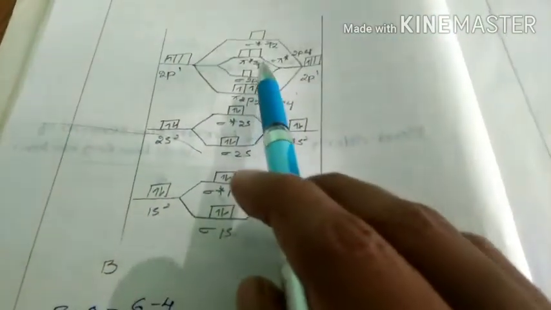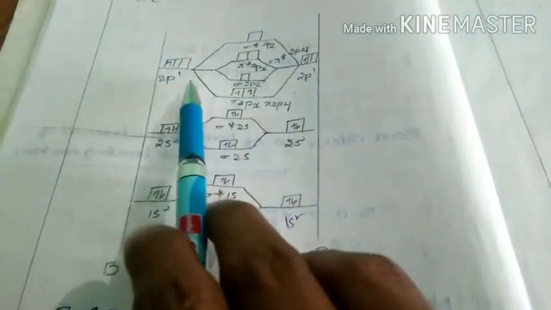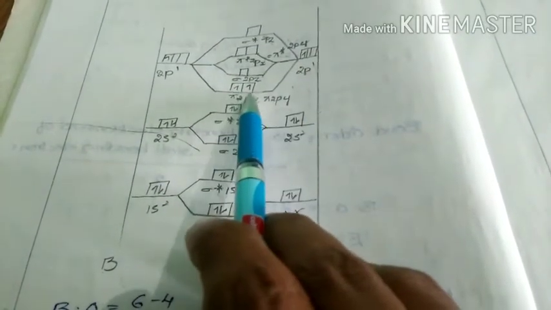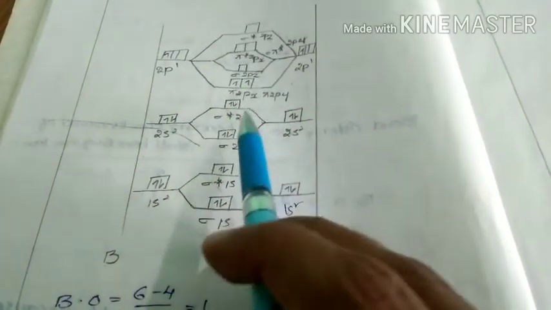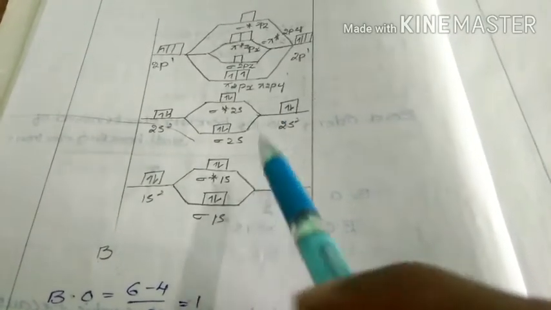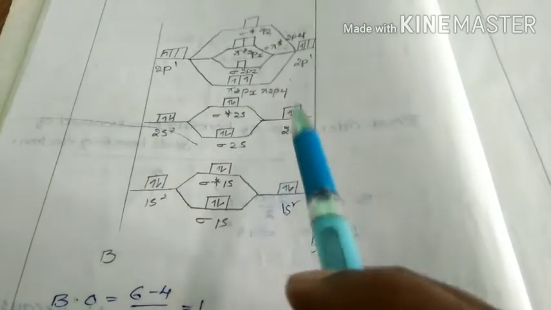Now, after forming molecular orbitals, electrons are filled. How many electrons? 2. Those 2 electrons are occupied in pi 2px, pi 2py. We are discussing which one? Boron, that is B2. In case of B2, how many electrons are present? 10 electrons are present.